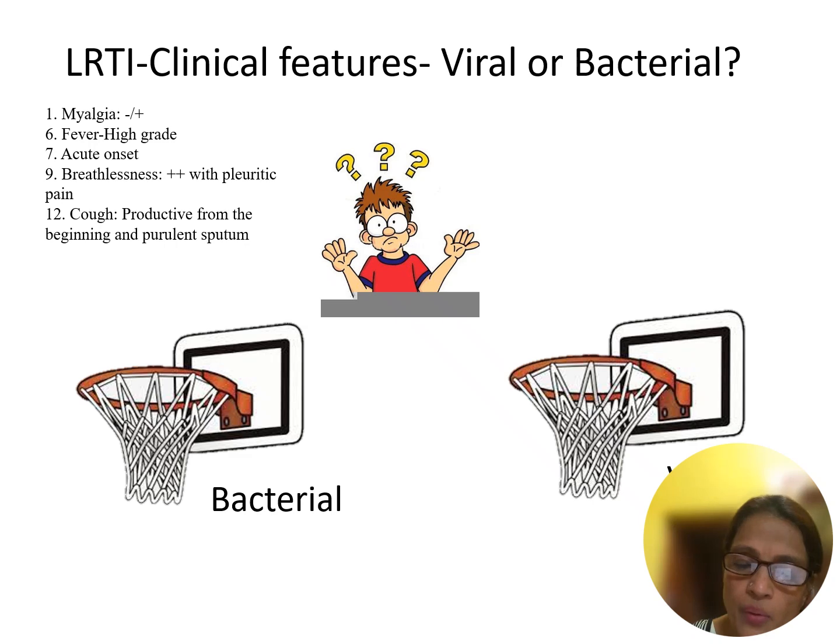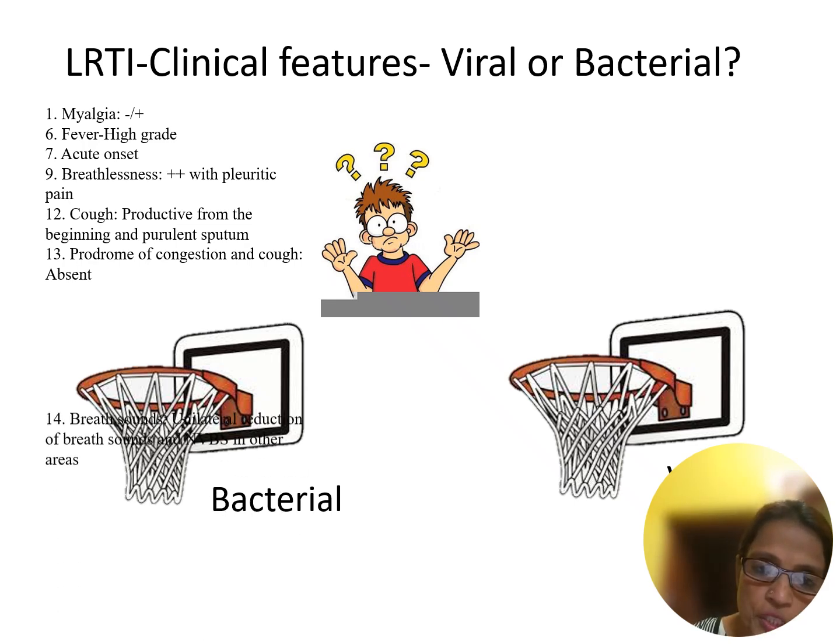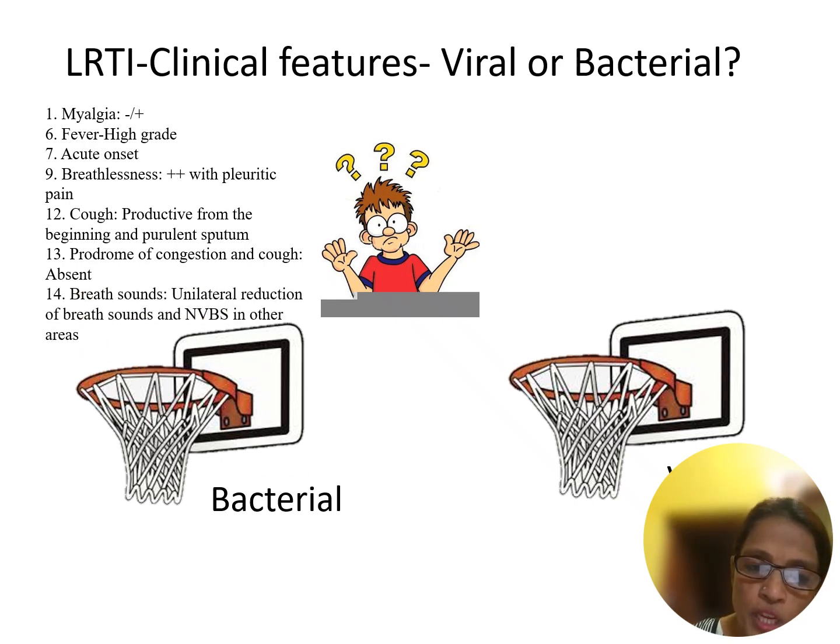Then number 12, cough productive from the beginning, and there is formation of purulent sputum. So prodrome of congestion and cough absent. So there is no prodrome in the bacterial infections. And number 14, breath sounds, unilateral reduction of breath sounds and normal vesicular breath sounds in other areas. Again, a feature of bacterial infection.